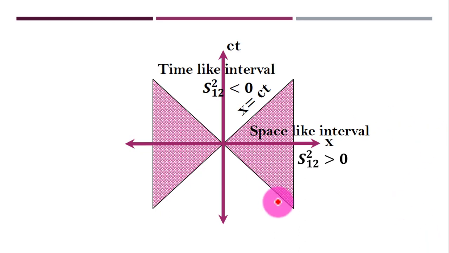One is the space-like interval, another is the time-like interval, and one is where x is equal to ct, that is, the space position coordinate is equivalent to ct. That event is known as a light-like event, where this line is at 45 degrees, and it is called light-like.